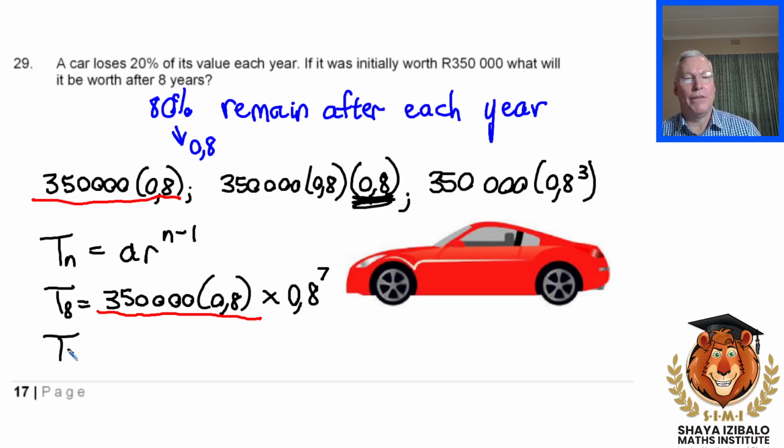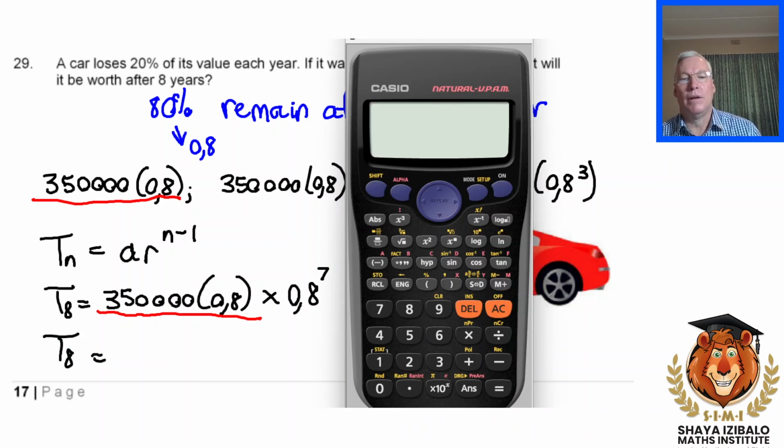Okay, and my final answer, let's have a look. It's going to be 350,000 times 0,8, actually to the power of 8. There's 1 here and another 7 there, all multiplying. When we have repeated multiplication, we have powers. Okay, so the power 8.